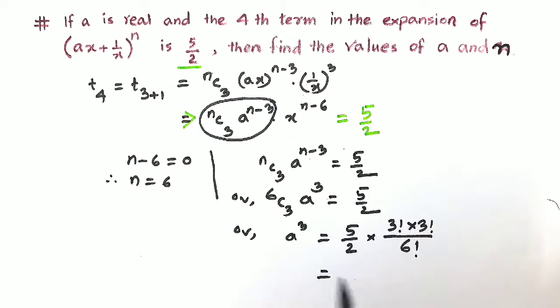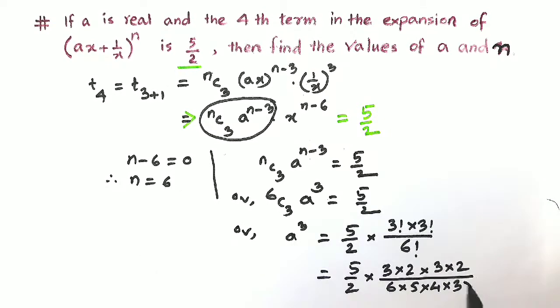Okay, so we are getting 5/2 into, and after calculation we shall find, okay, break this one, 3 into 2 into 1 into 3 into 2 into 1 upon 6, 5, 4, 3 into 2 into 1.